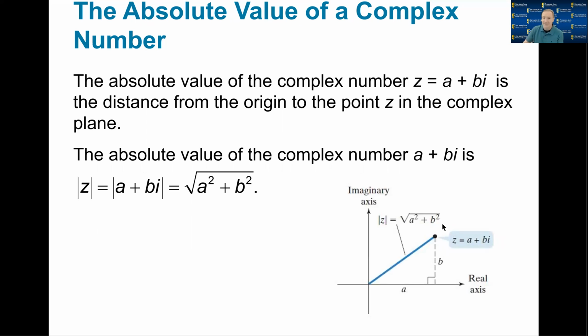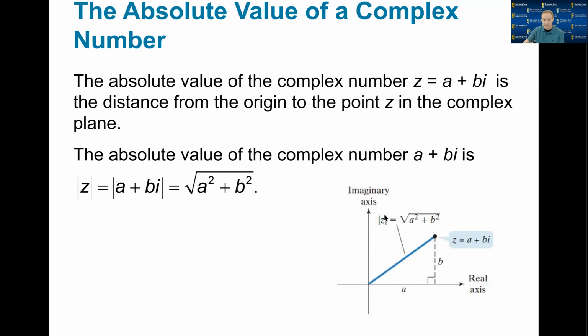Now, let's talk about the absolute value of complex numbers. If we're looking at complex numbers out in the complex plane, then the absolute value is just the distance from the origin out to that point. We can quickly and easily see that distance is just going to be the hypotenuse of a triangle, in which the horizontal component is your real value, and the vertical component is your imaginary coefficient.